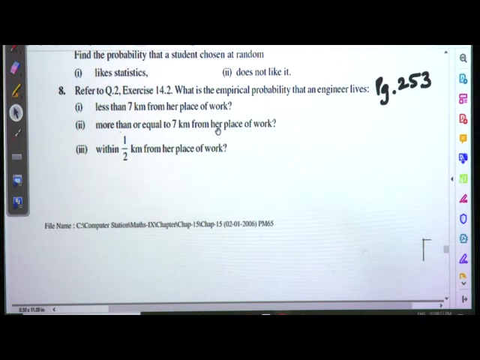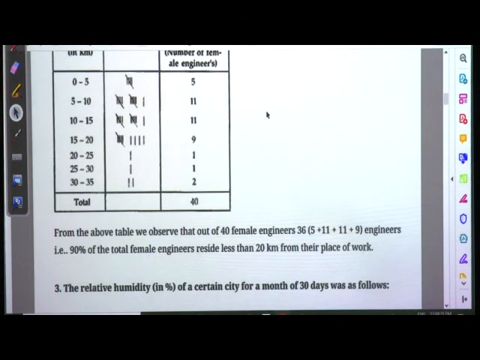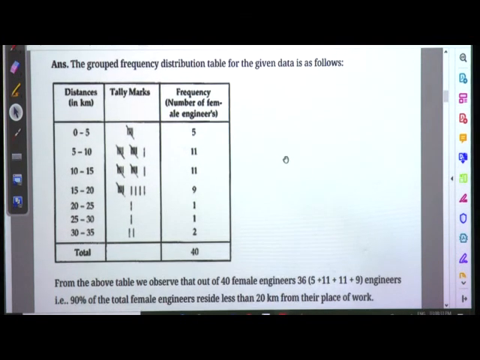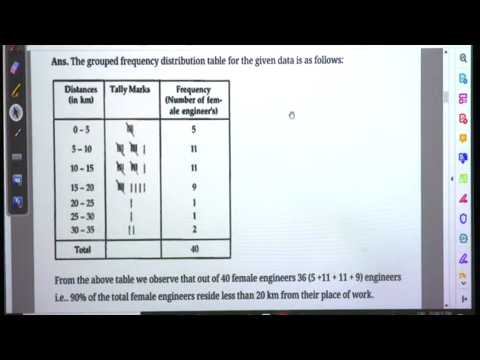We do not have the data written in tabular form, and that too in groups. So, we have to refer to that, and here it is present. The group frequency distribution of the given data is as follows. If it is not present in that tabular form, we cannot solve the sum so easily for the current probability event.